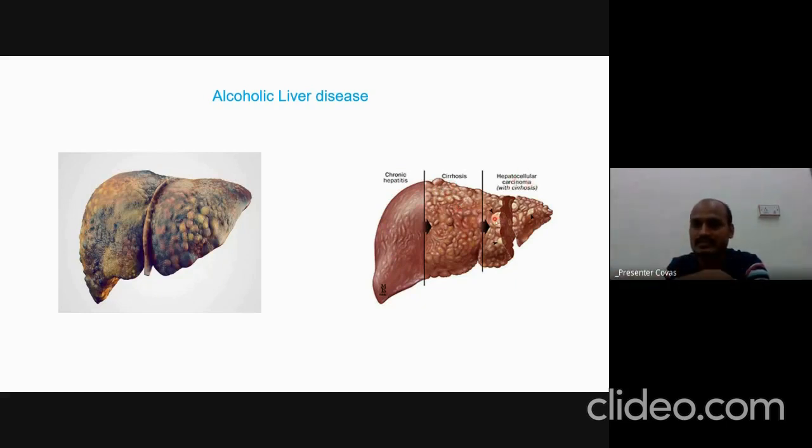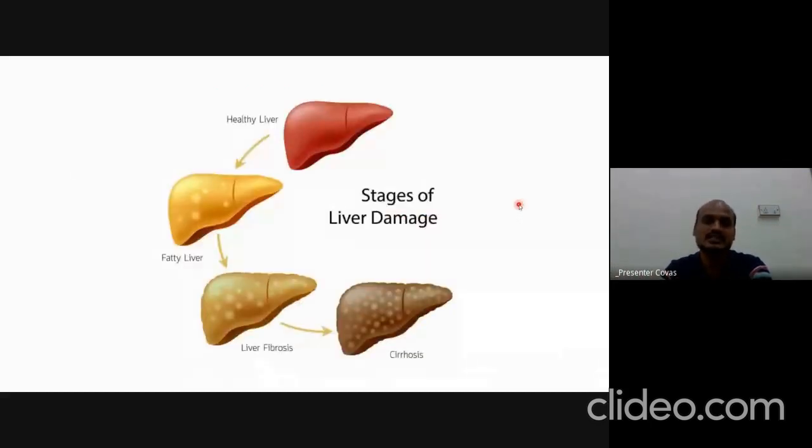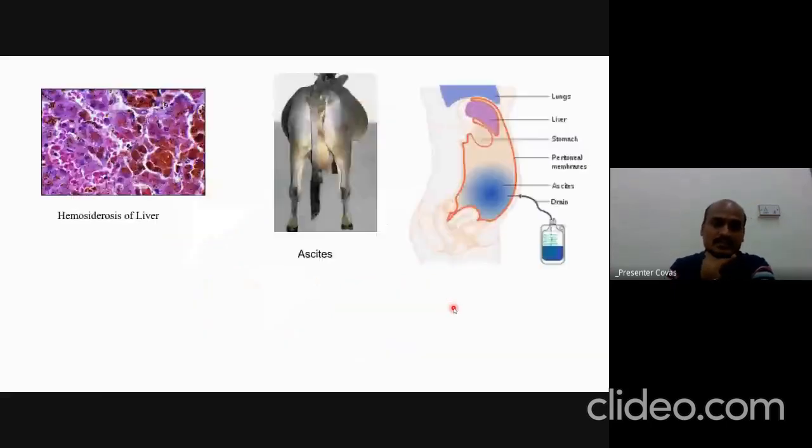Sometimes people have cancer. So this one is a cancerous lesion. It is growing inside the liver, and it causes this disease. The stages of hepatic damage. So this is your normal liver. If you are not taking care of the animal, the fatty liver, fibrosis is there, and the liver is undergoing cirrhosis.